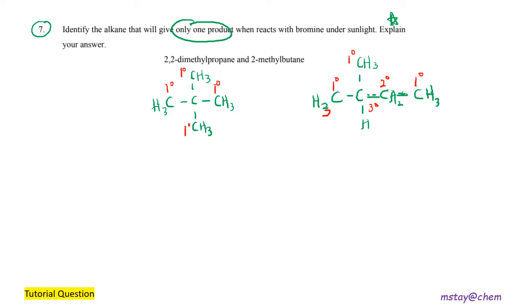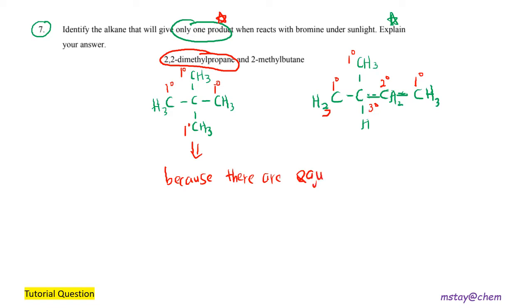So with these two structures, we know that this alkane, 2,2-dimethylpropane, will give only one product, and the reason is they are equivalent.